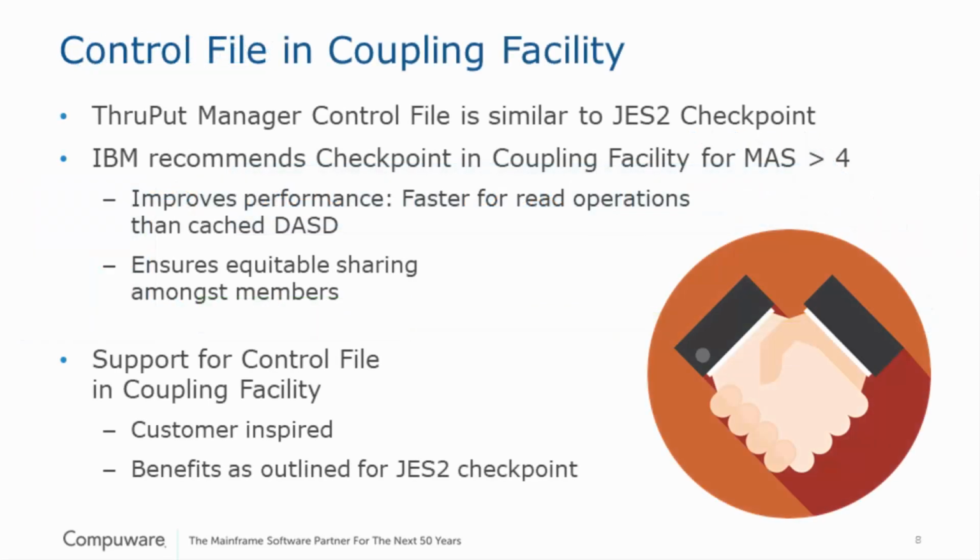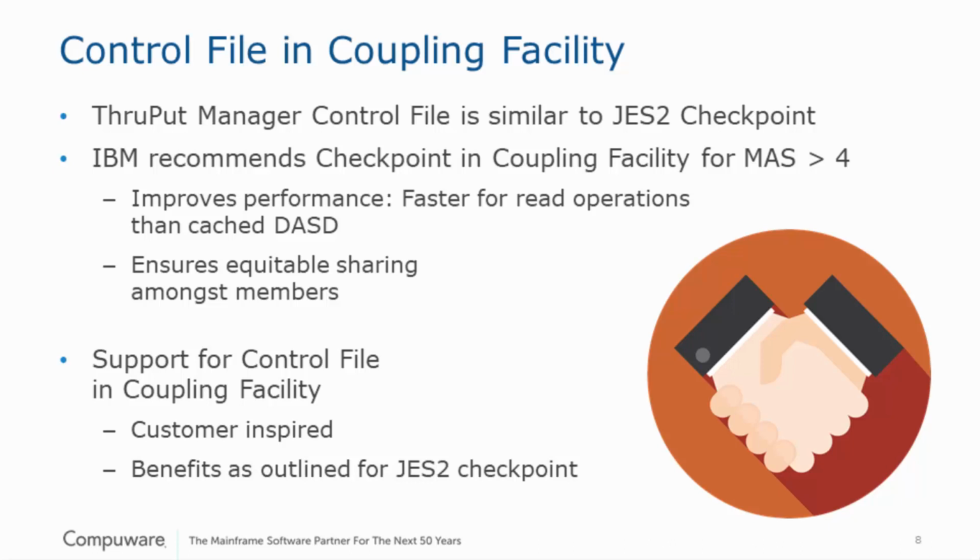And then we also added the control file in the coupling facility. I'm going to let you take this because this is really getting into the deep technical details. As most of you who are ThruPut Manager customers know, the ThruPut Manager control file is very similar to the JES2 checkpoint. Quite some time ago, IBM provided a facility to put the JES2 checkpoint into the coupling facility.